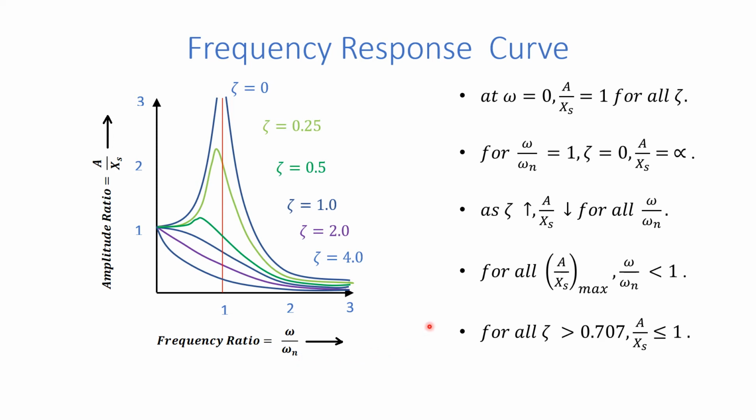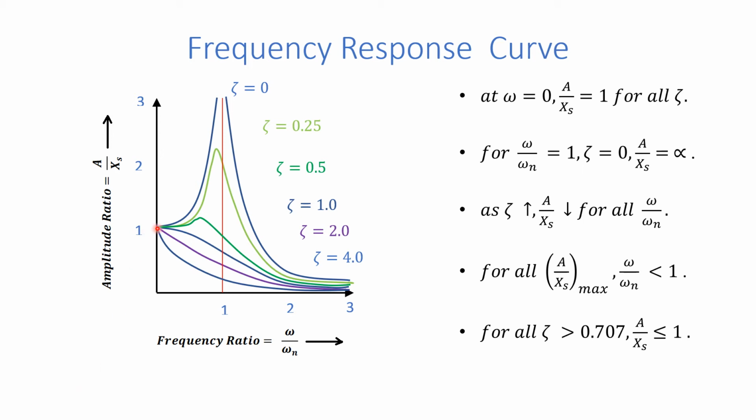What we observe is for omega equal to 0, means external excitation frequency is 0, the external force is steady. We know A by XS is 1, means amplitude is equal to static deflection for all values of zeta, and we get this point for all values of zeta.